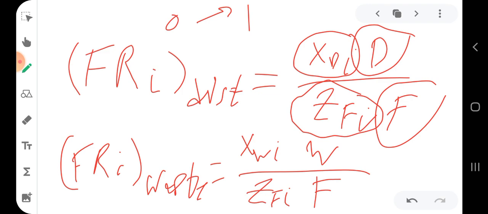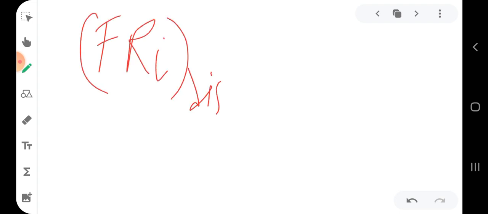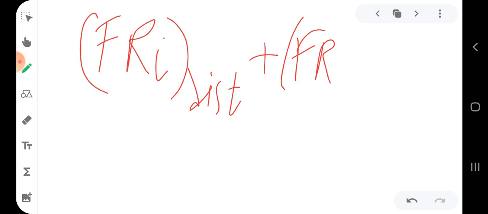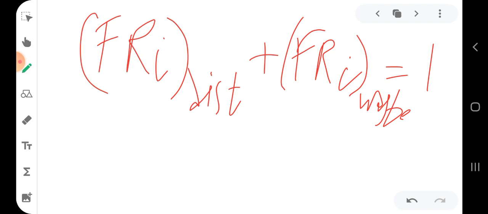And of course you can say with confidence that the fractional recovery of any component I in the distillate, plus what we recover of component I in the waste, is equal to 1. Why?